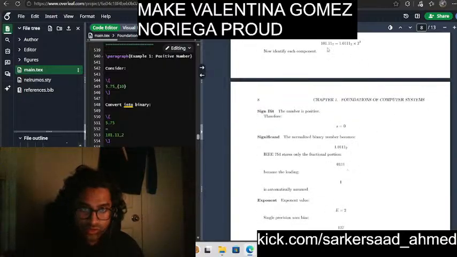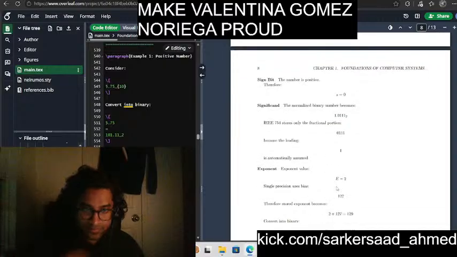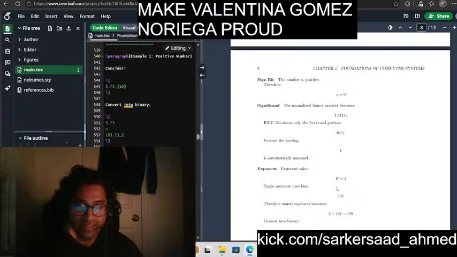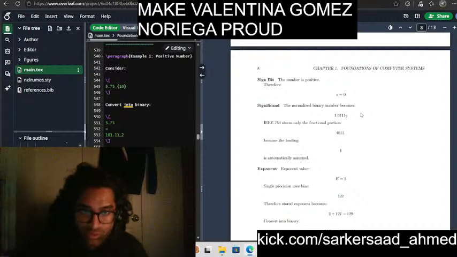IEEE 754 only stores the 0111 because the leading 1 is automatically assumed. The exponent value E is equal to 2.